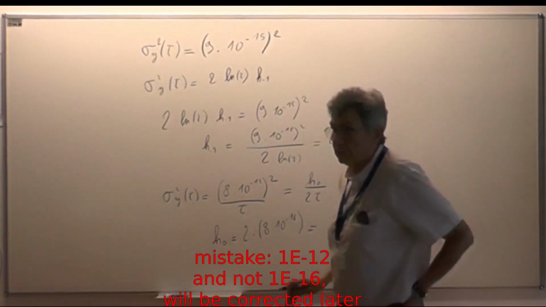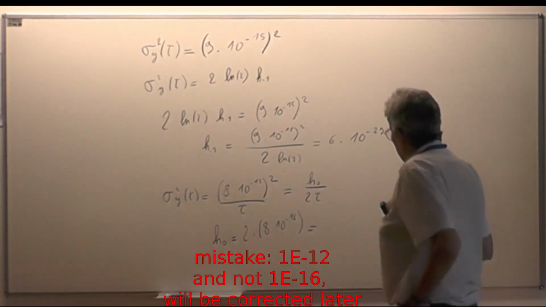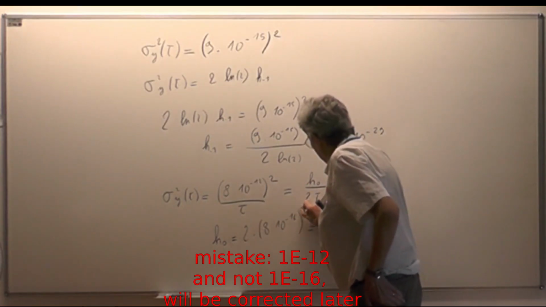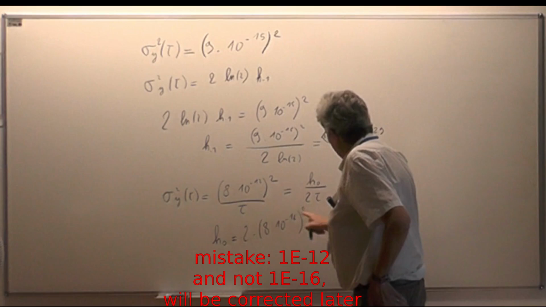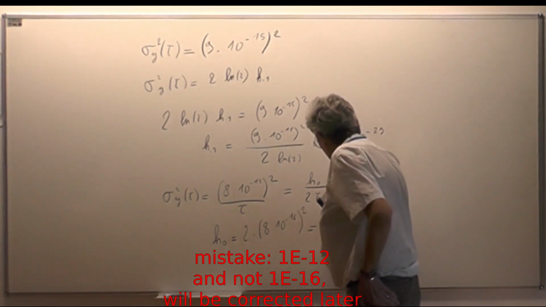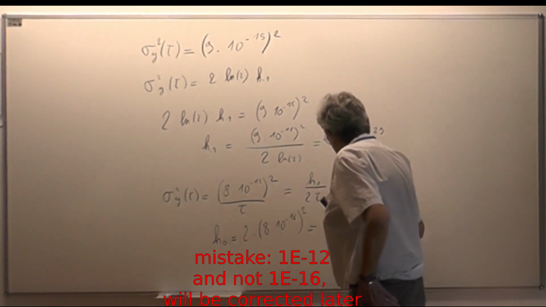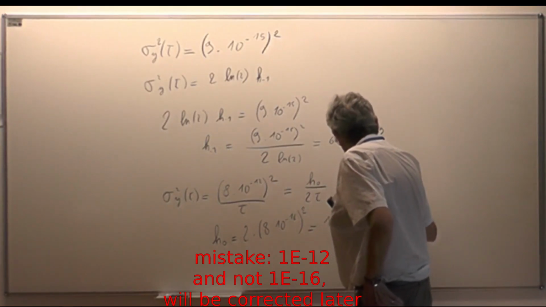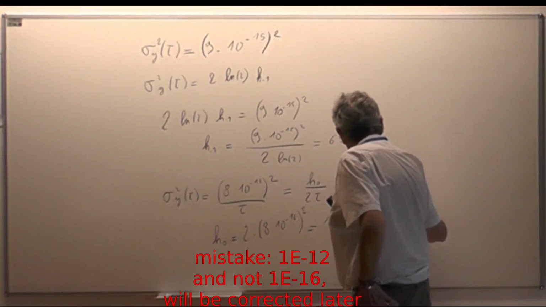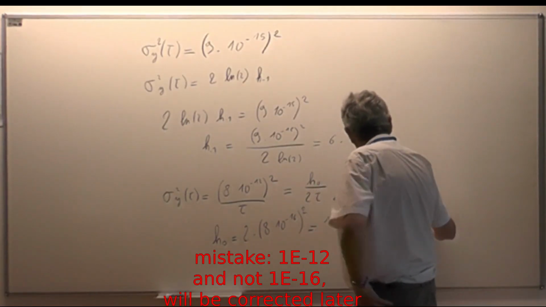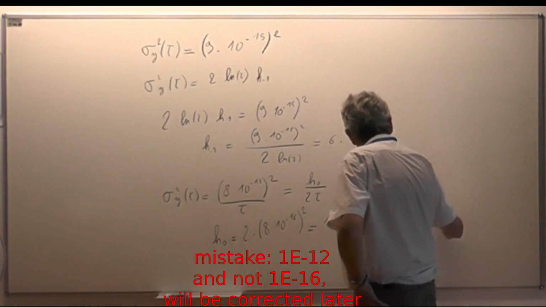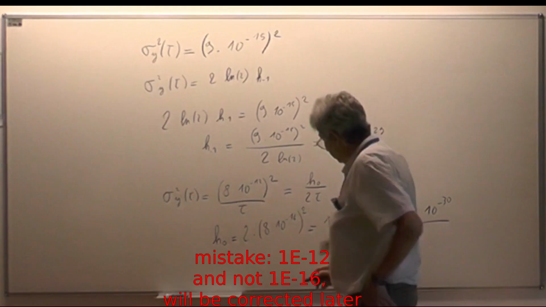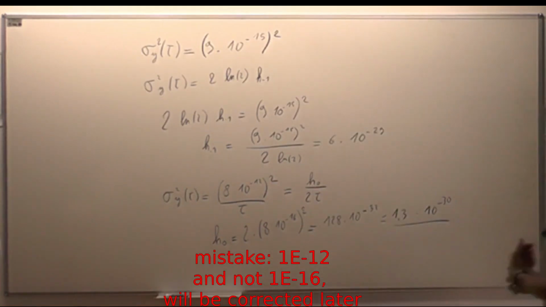It's possible to do that without using Octave. 64, 128, 10 to the minus 32. It means 1.3 10 to the minus 30, approximately.